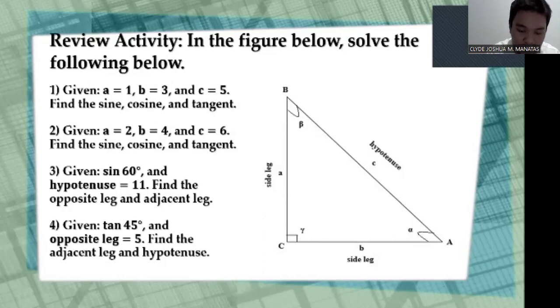Very good. You just simply use the Pythagorean theorem.